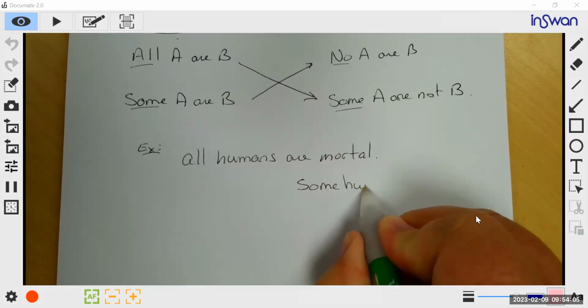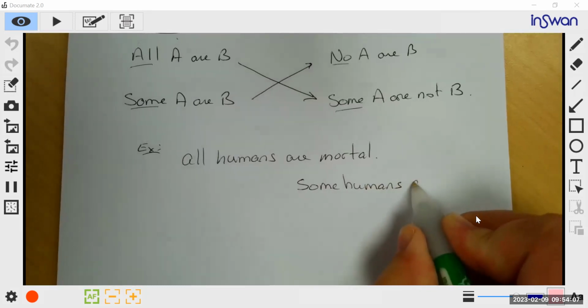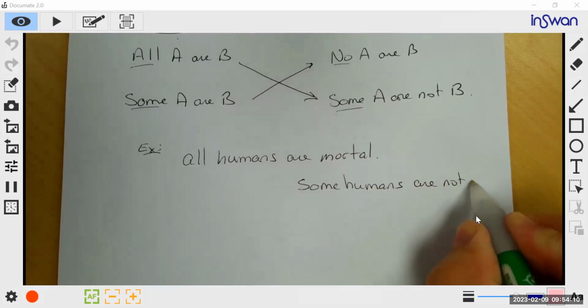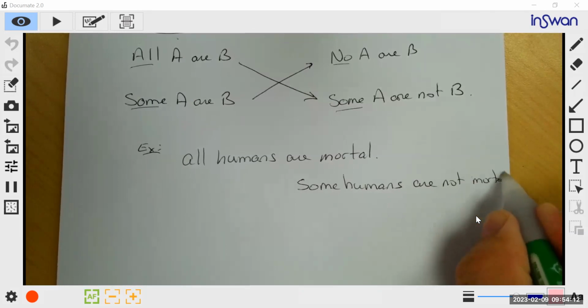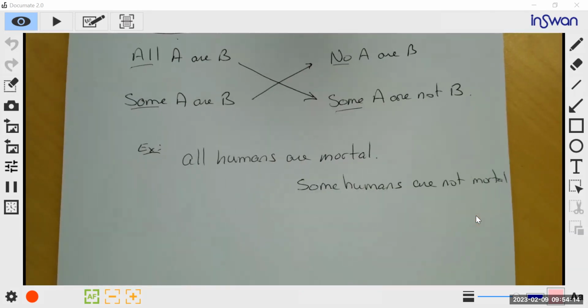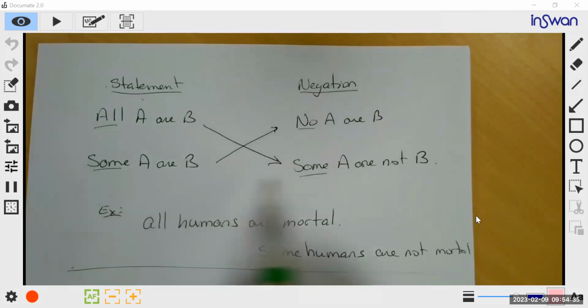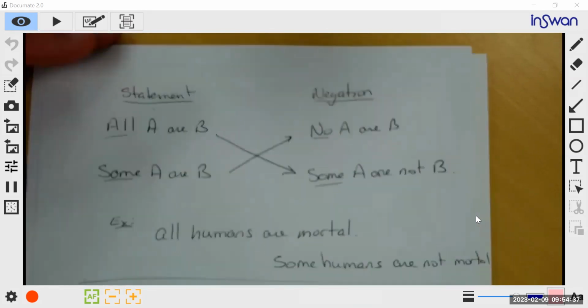Some humans are not mortal, right? So yeah, once you memorize this, it makes it a lot easier.